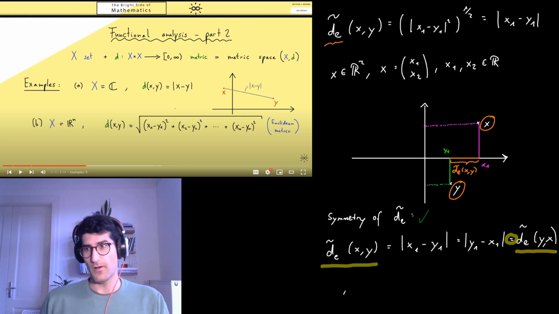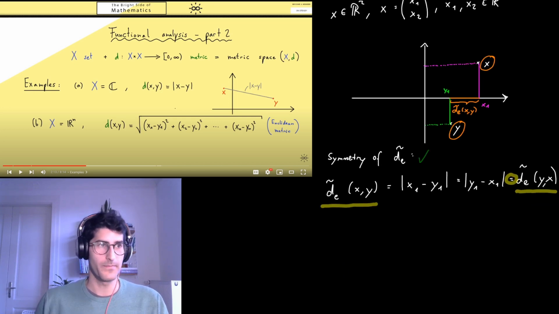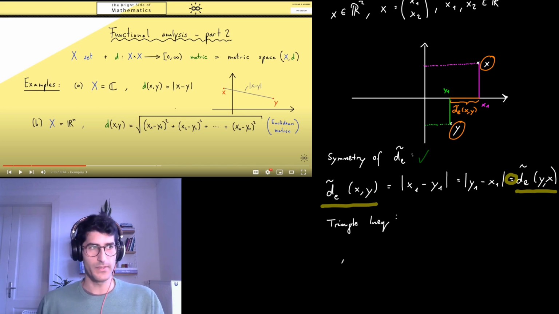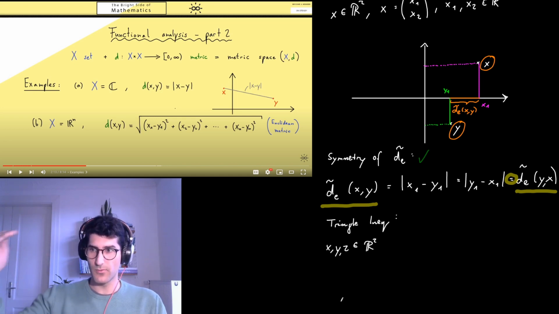The second of three properties that we need to check is the triangle inequality. For this, again, we need x and y, and we also need a third vector. So let's say x, y, and z are elements of R² with components x1, x2, y1, y2, z1, z2.